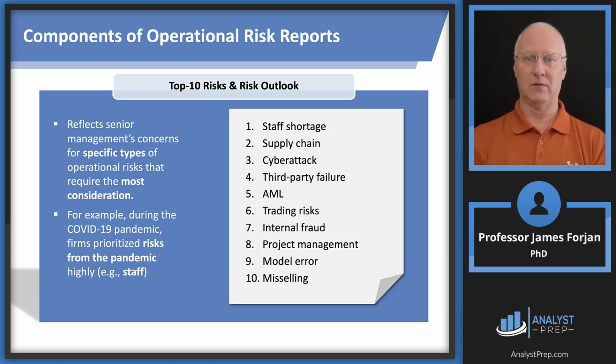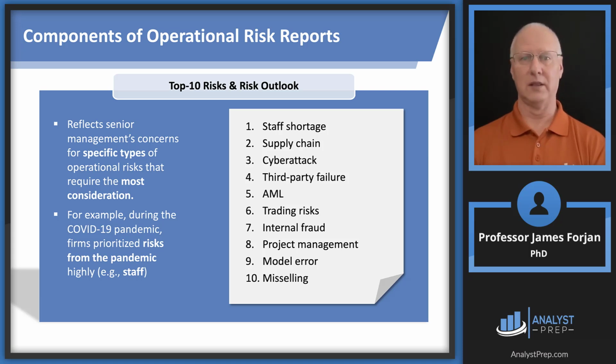Staff shortage. Now, the example that the chapter gives us is having a senior manager unable to attend meetings for some time period, for whatever reason. So there's supply chain issues, there's third-party failures. Suppose that a third party goes bankrupt. What do you do?